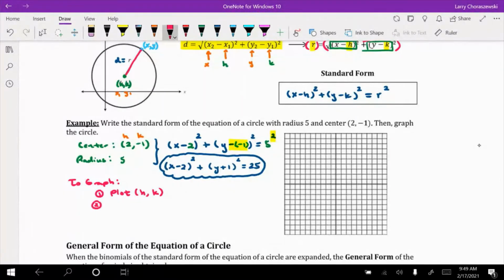The second step is to use the radius, so I'll say use r to generate 4 points, and these 4 points would be on the circle, and I'll show you how to do that in just a second. And then the third and final step is my favorite part, where you connect the 4 points in a circle.